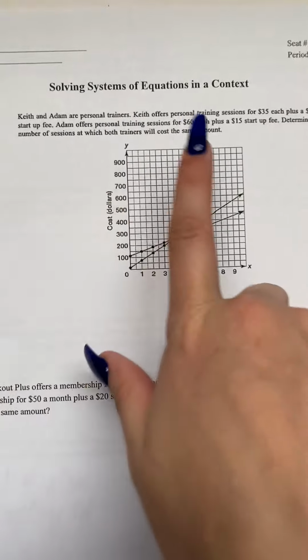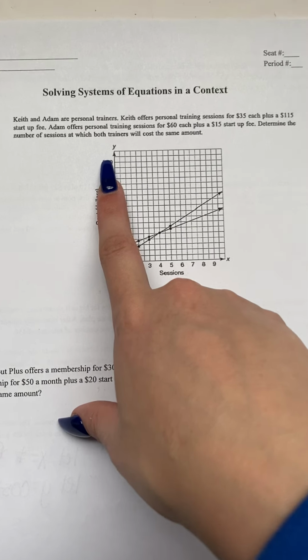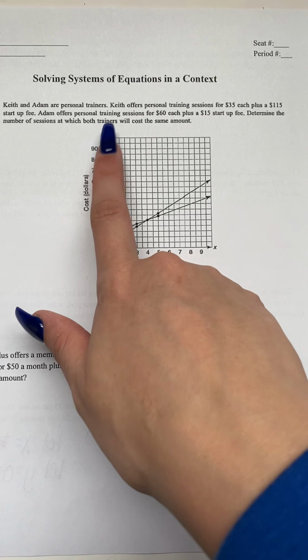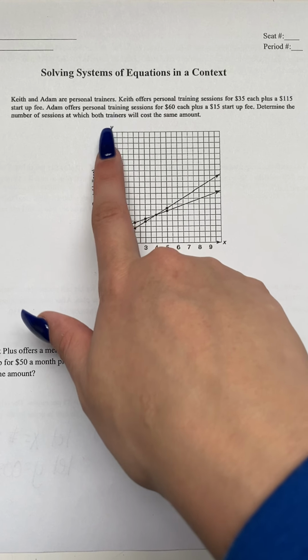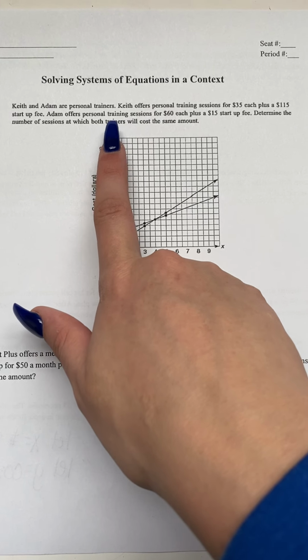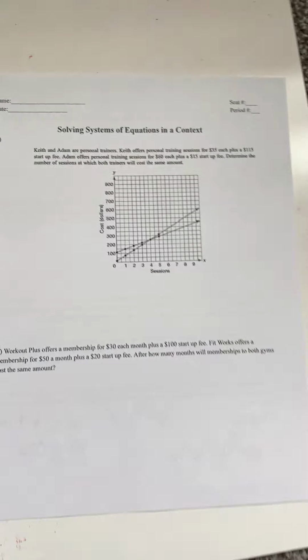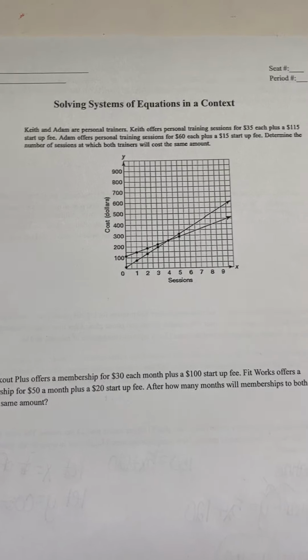So let's go ahead and read number 1 together. I'm not going to talk through this. I'm going to let you read this on your own, either on your own paper or your computer. Just like regular class, I'm going to give you about 60 seconds to read this problem and look at this graph. I'm just going to sit here and let the video run.